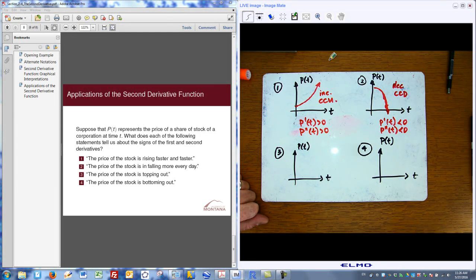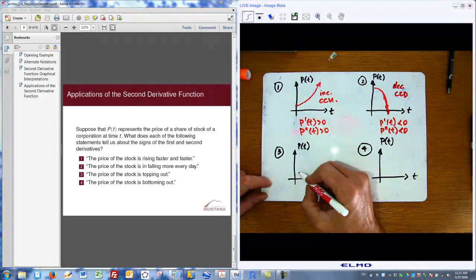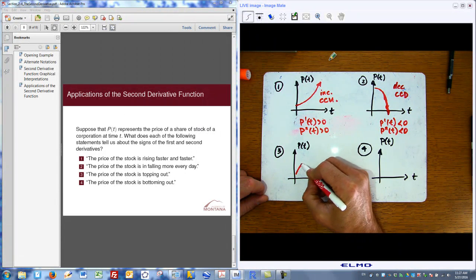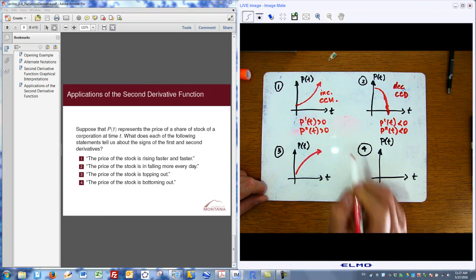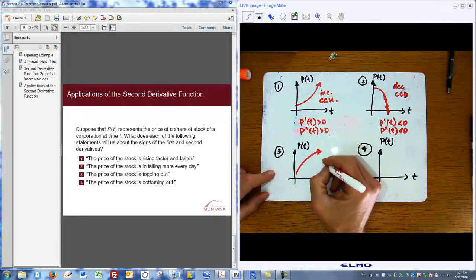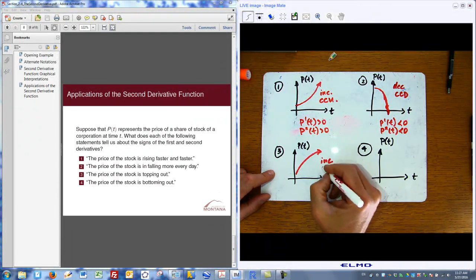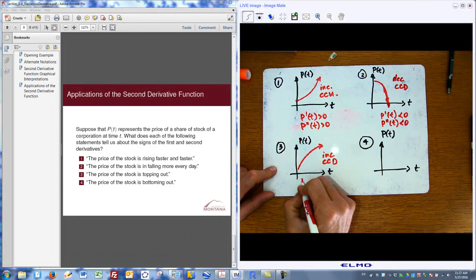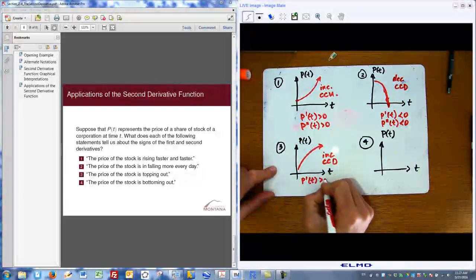Okay, so let's go ahead and talk about what's going on in number 3. It says the price of the stock is topping out. So I think we can all agree that this would be something like this. So we have an increasing function, right, which is concave down. So if it's an increasing function, we know that p prime of t is going to be greater than 0.